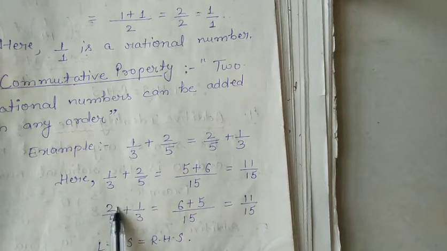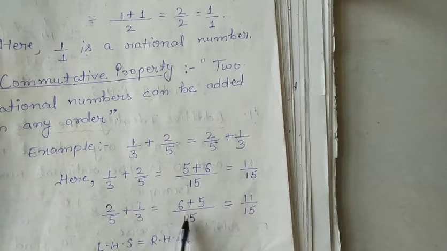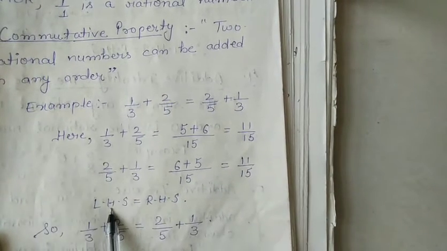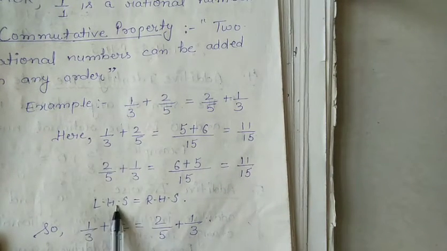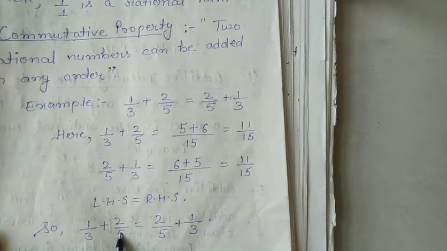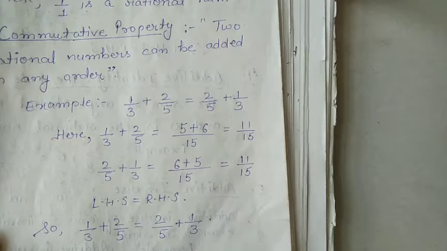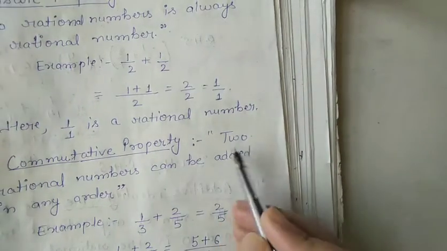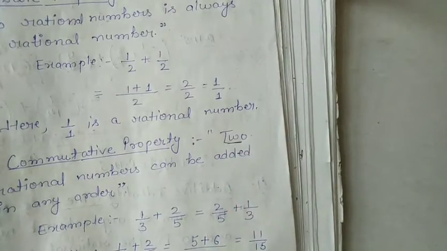Here RHS, 2 by 5 plus 1 by 3 is equal to 6 plus 5 by 15 is equal to 11 by 15. Here LHS, it means left hand side, is equal to RHS, it means right hand side. So 1 by 3 plus 2 by 5 is equal to 2 by 5 plus 1 by 3. This is our commutative property. Here two rational numbers we add.